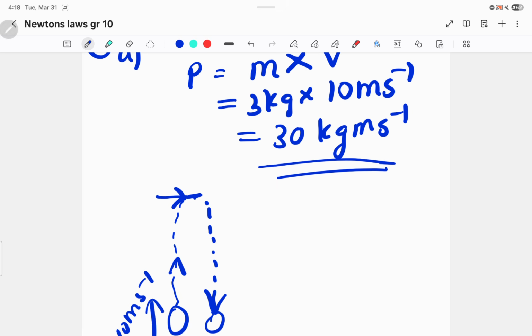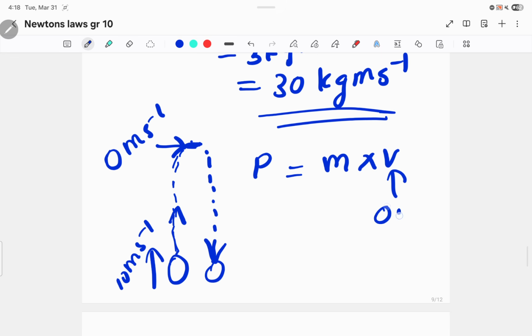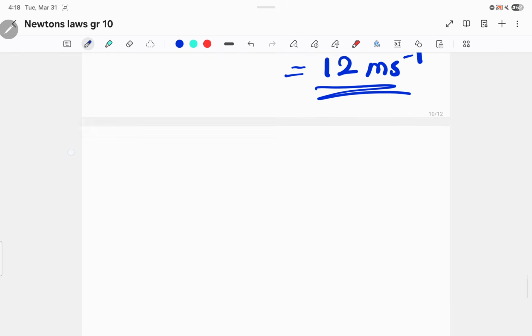At the highest point, if you throw a ball, it is stopped. That means the velocity is 0. That means if you do this sum like m into v, what about the v? v becomes 0. If you multiply any number by 0, what is the answer? It is 0. That means momentum is 0 in the second part of this question. Okay, it's a nice one.